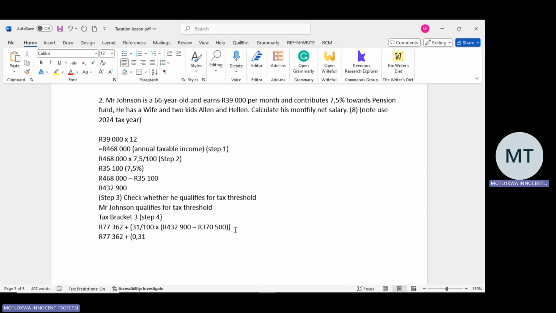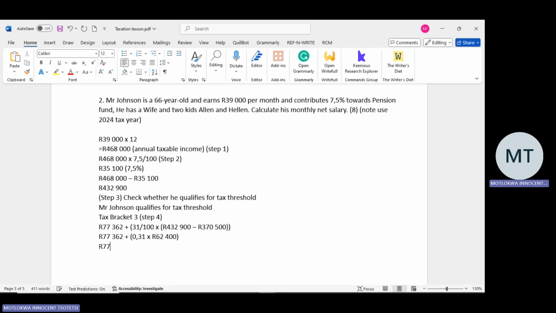Then multiply by, and solve again what's inside the brackets, 432,900 minus 370,500, which gives us 62,400. Then we close our brackets.